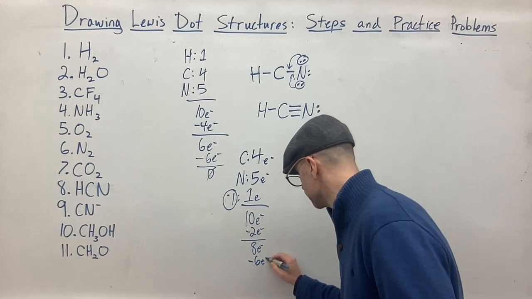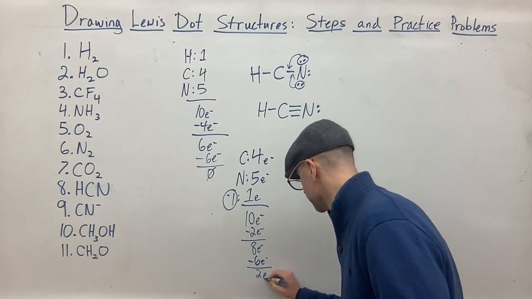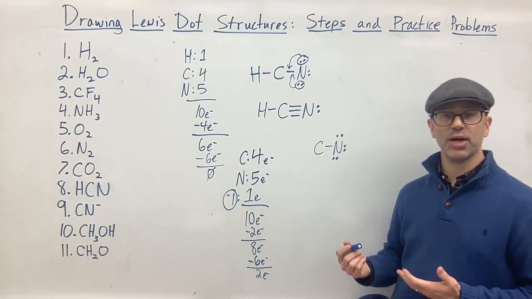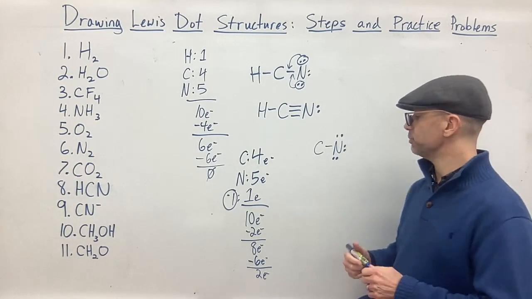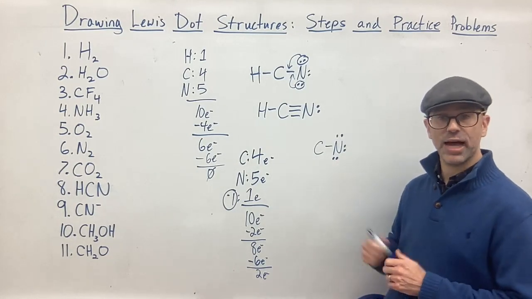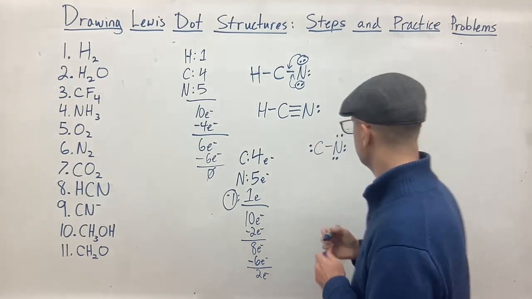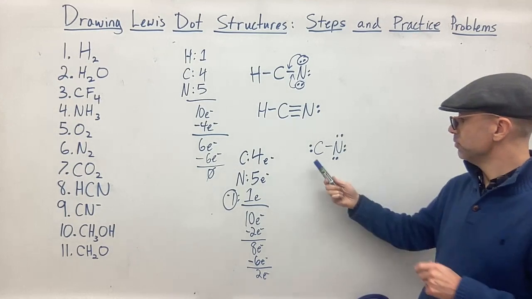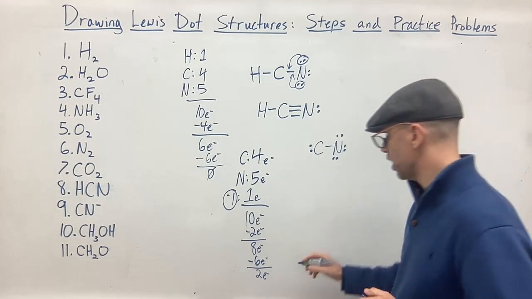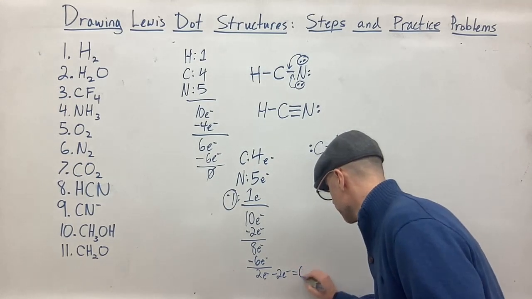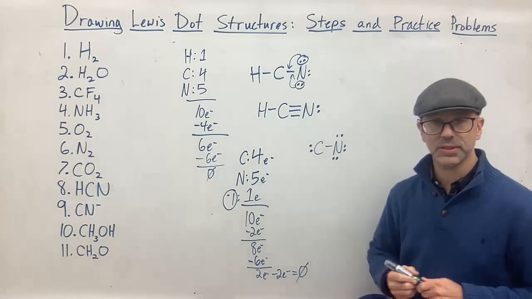We have 2 electrons left. Step 4 says that if you have electrons left over, you add them to the central atom. In this case, carbon. So we have a lone pair there. We used up our last, so subtract out those 2. And we have 0 left.